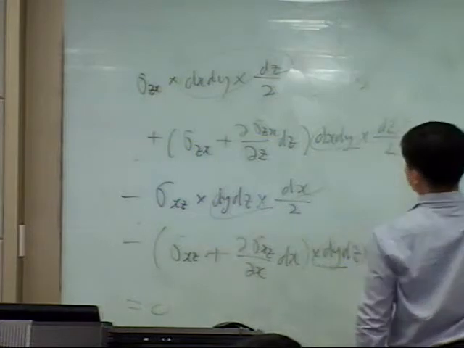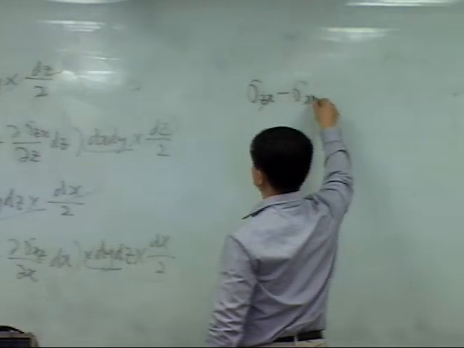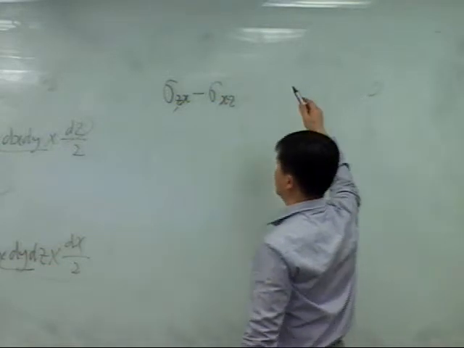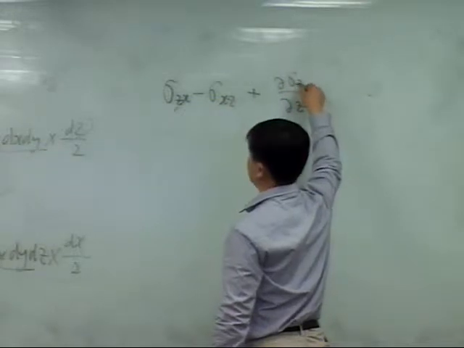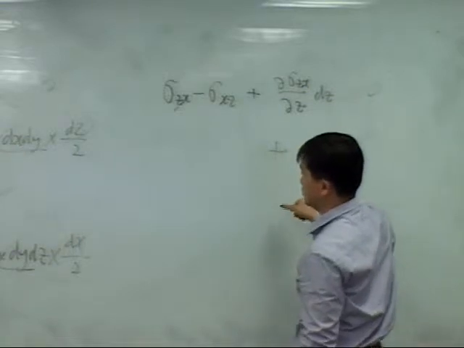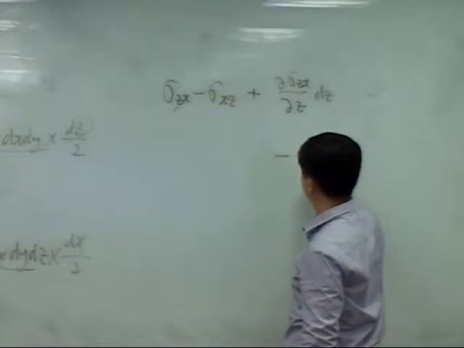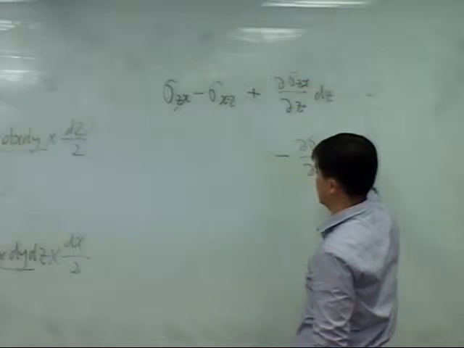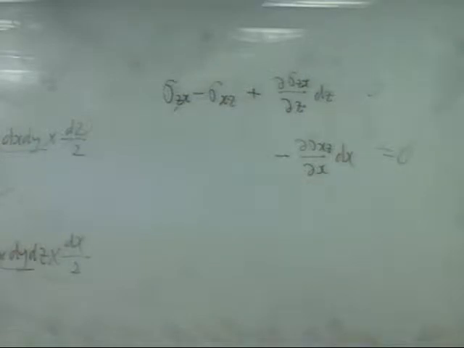Then finally we have sigma zx minus sigma xz, plus the change of zx in z minus the change of xz in x equals 0, right? This is the equation we have.